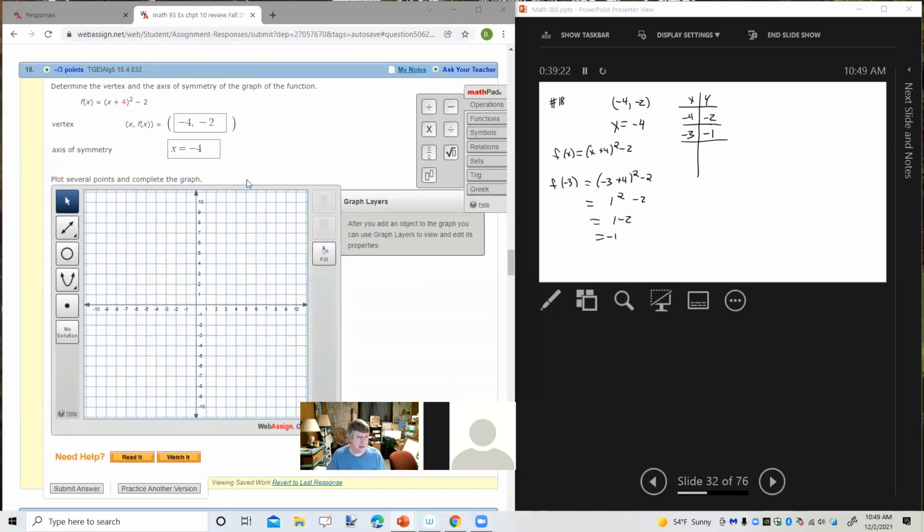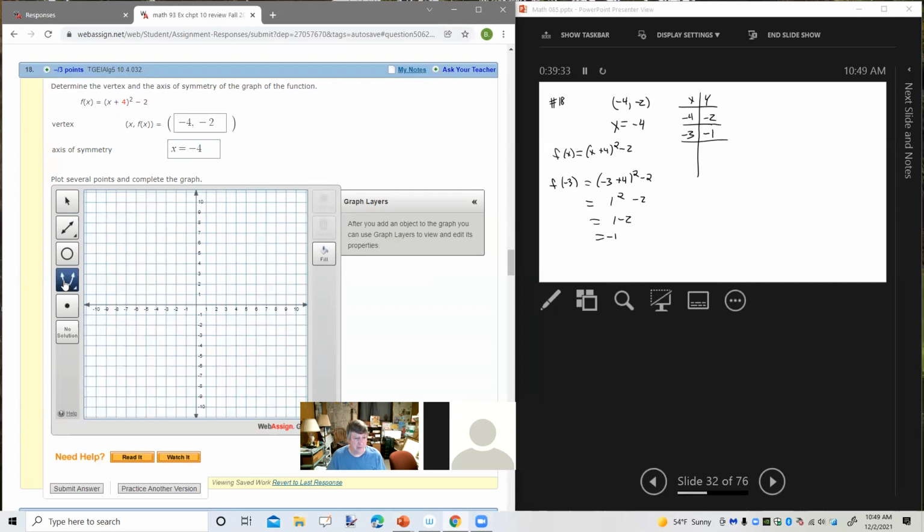Okay, so now I come over here and I choose the parabola button and I push it till it's blue. I don't want this one here, I want this one. Okay, I don't choose the points, I choose the parabola button. Then I come over here and I graph the vertex, (-4, -2), and then one additional point after I graph the vertex, which is right there, (-3, -1).